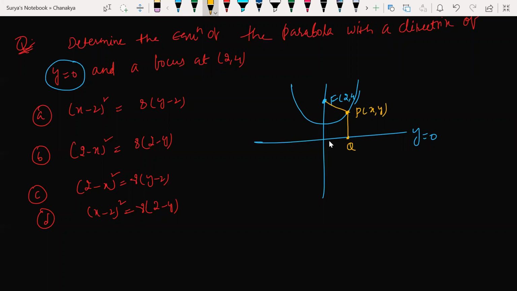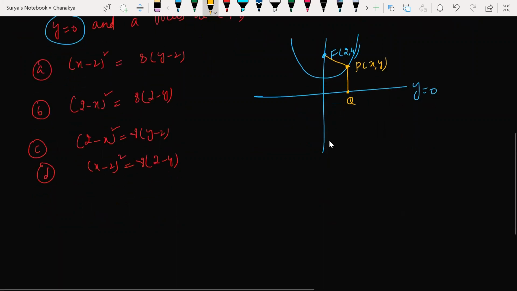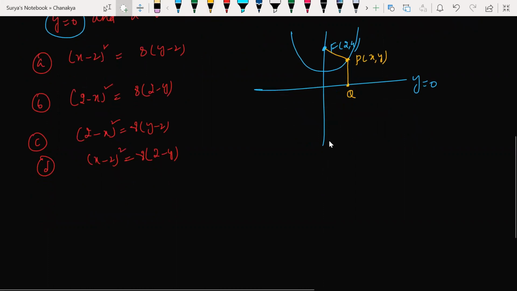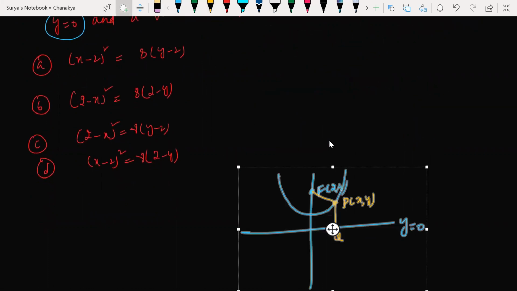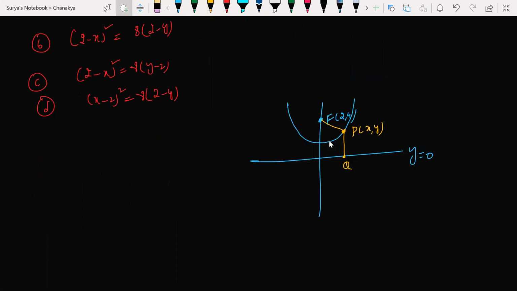Let's say this is my Q point. Here can we say that FP is equal to PQ? Can I say or not? FP is equal to PQ. Why? Because P is a point equidistant from the focus as well as the directrix, which is y is equal to 0. So FP is equal to PQ. Perfect.